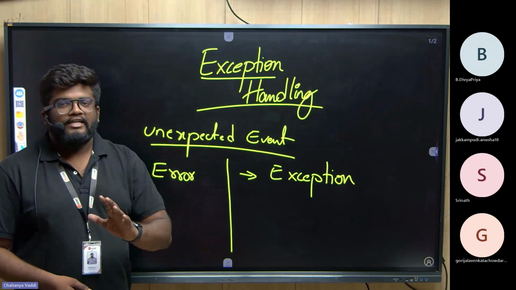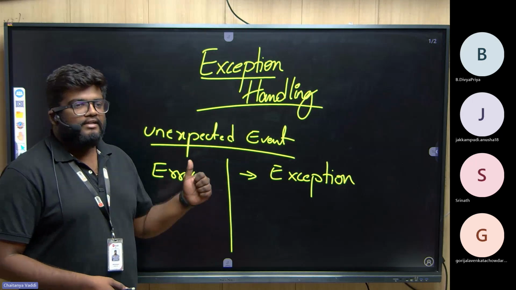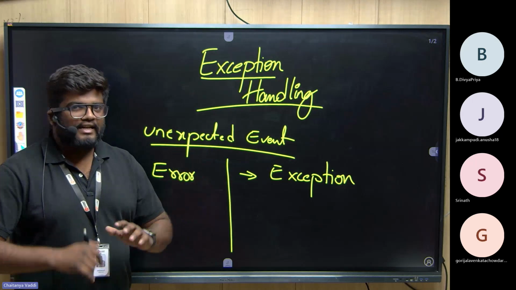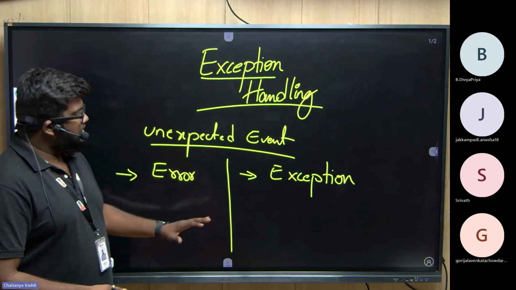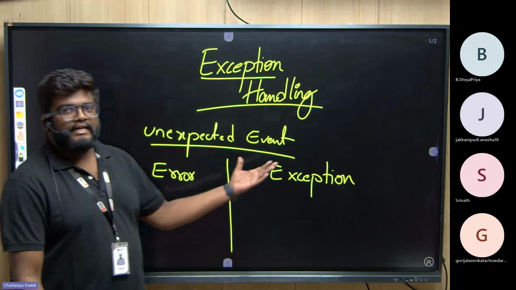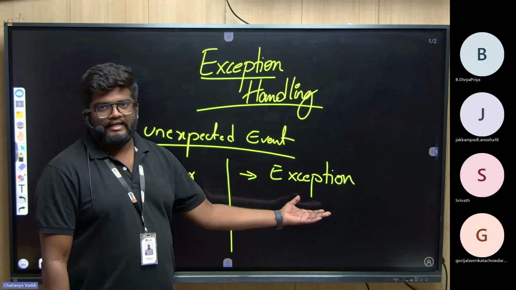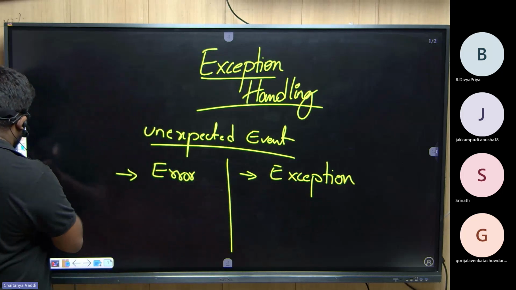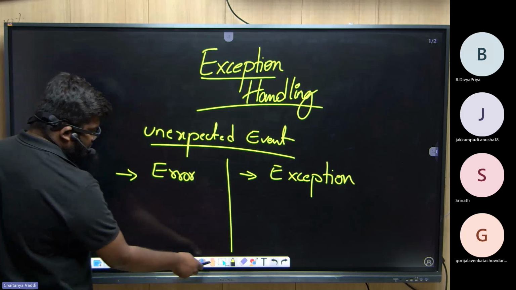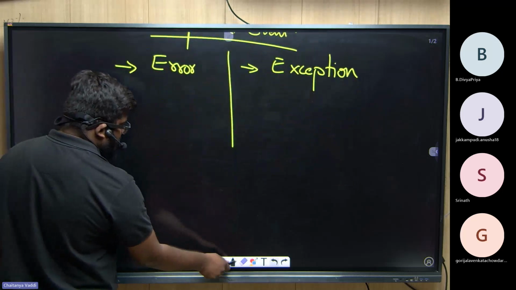And that time you will get a specific exception named input mismatch exception. That type of things, we consider them as actually errors, right? So actually, they are not errors. They can be considered as exceptions here. So first, we will have to understand when do we actually consider them as errors. Okay, so let me differentiate both of them.